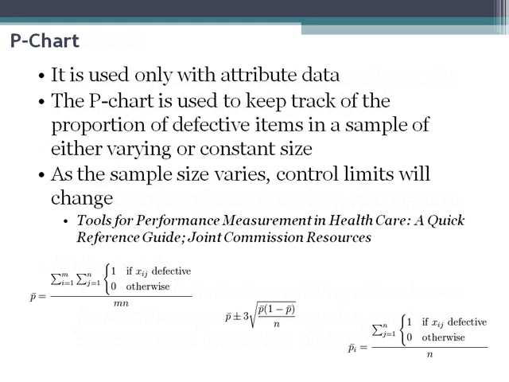This was first defined in 1931 when Walter Shewhart created the first control chart. He released a book in 1931. I have the name of the book. Walter Shewhart in 1931 released Economic Control of Quality of Manufactured Product.